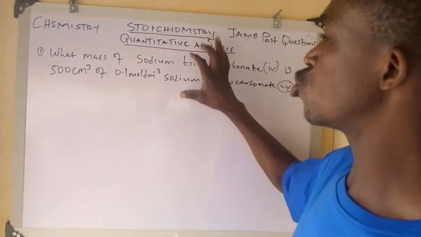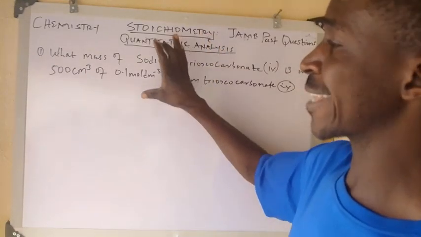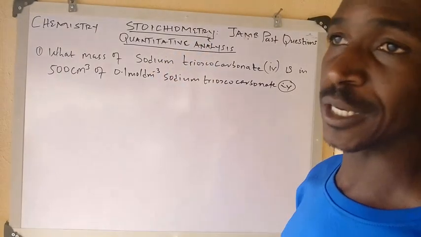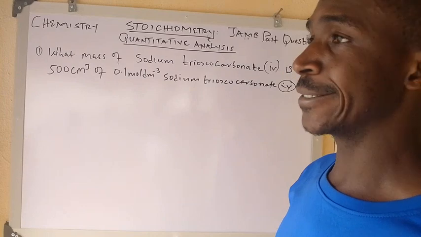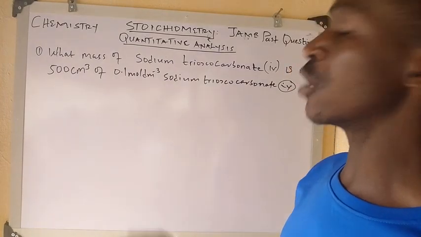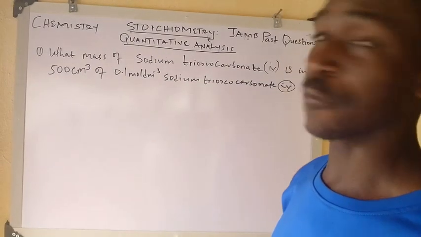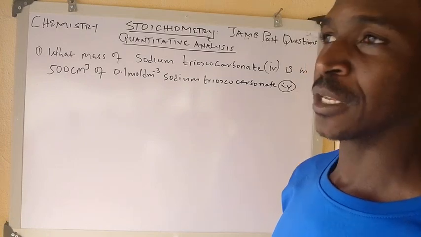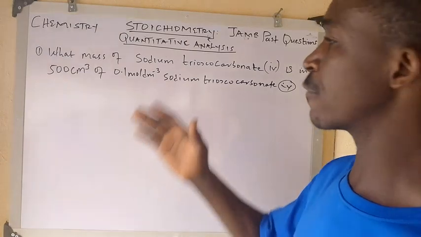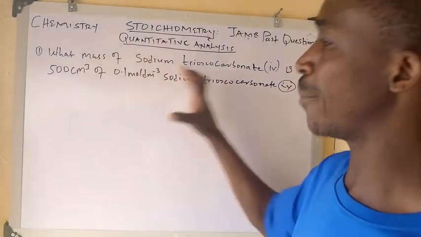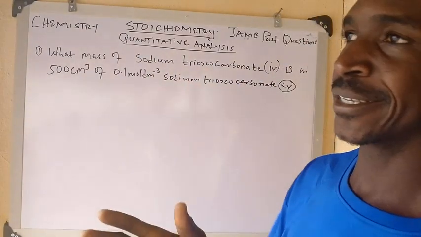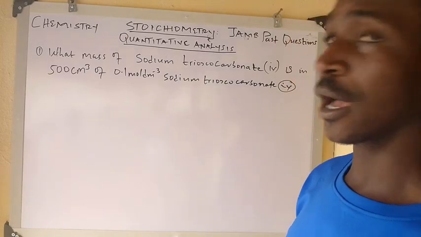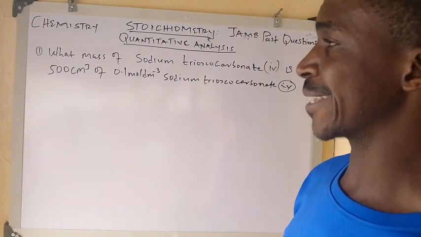Now, for you to know this, you must understand the mole concept. If we quickly go back to what we have studied before on the mole concept, you can remember that we studied 3 basic formulas on how to calculate the amount of substance, mass, and molar mass. So let's quickly have a recap on our past class.